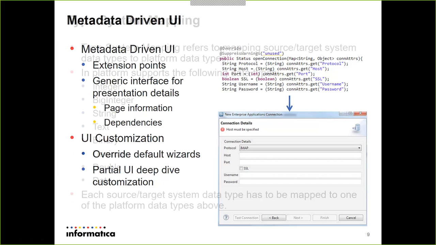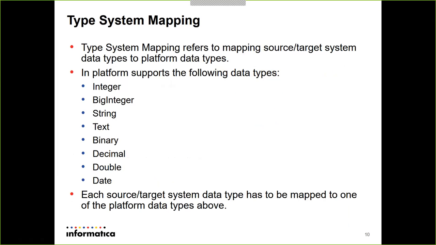Type system is about the third-party system: how you map the third-party system's types into an Informatica platform type. The Informatica platform has a set number of data types, but a third-party system may have more data types. So you need to map them, and there are two ways. Either you can map to a platform-supported type, or you can go with the Java type system.